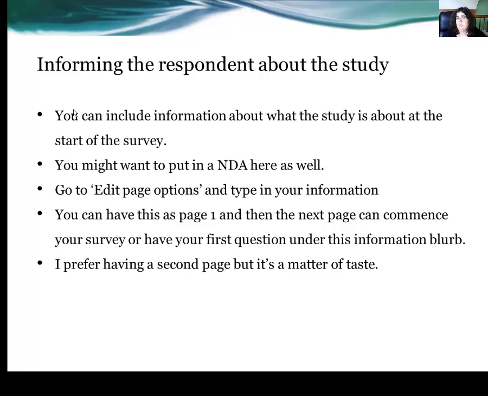And as I say here in point 2, you might want to put in an NDA, a non-disclosure agreement. And this is basically page 1, and then the next page can commence your survey and have your first question.